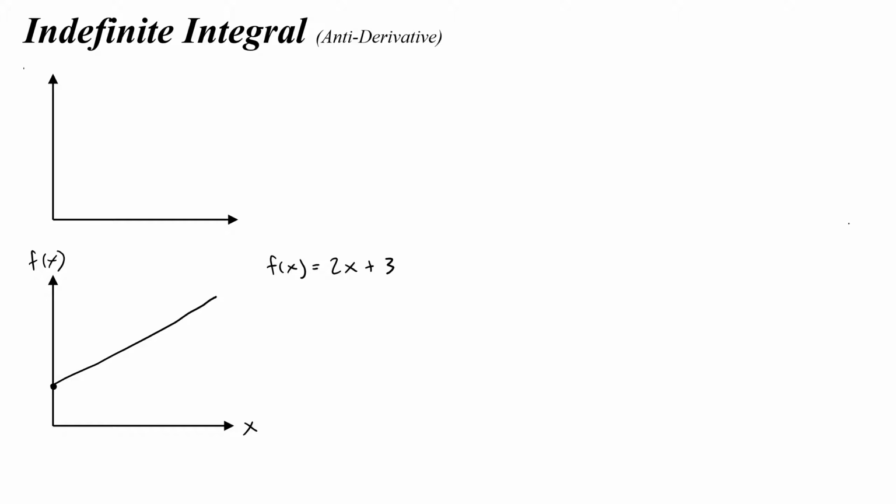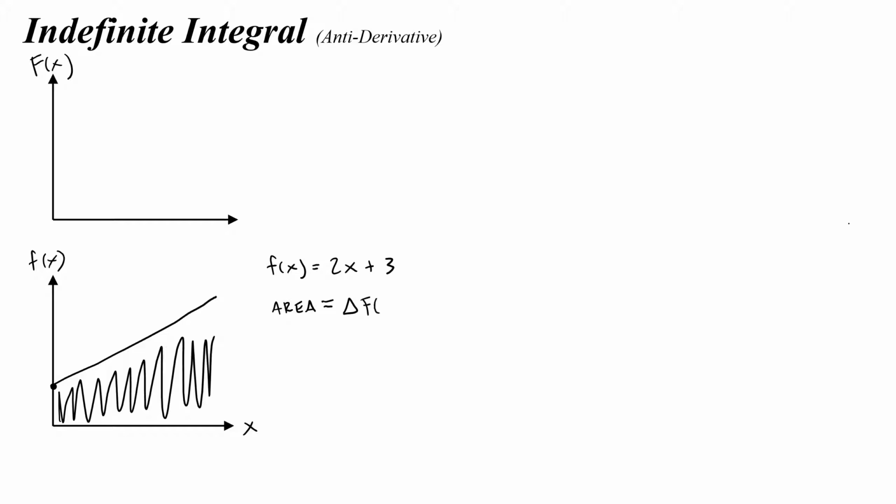Boom. Now, if I was to take the area under the curve, so between the function and the x-axis, that area is going to tell me about the change in some original function we'll call capital F of x. And if I take the antiderivative, the indefinite integral, I get that area.